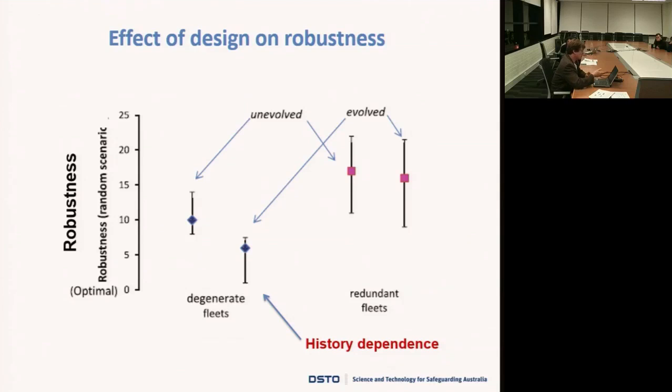In the case of purely redundant fleets, you can see that you get no real benefit from learning out of the evolution. The unevolved and evolved fleets are within error bars the same with respect to the robustness performance.